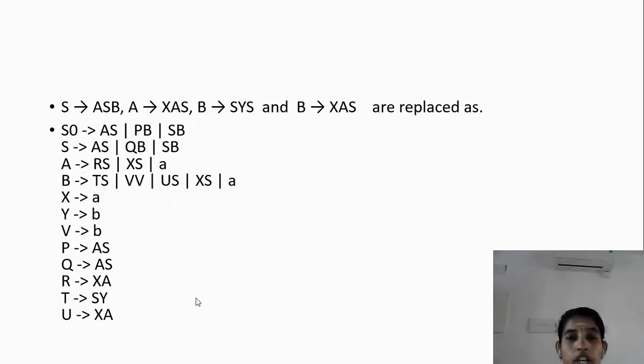We permit only two non-terminals. So I create one more production rule in the name of Q equal to AS, R tends to XA, P tends to XY, U tends to XA, and substitute the values in the grammar S, A and B.